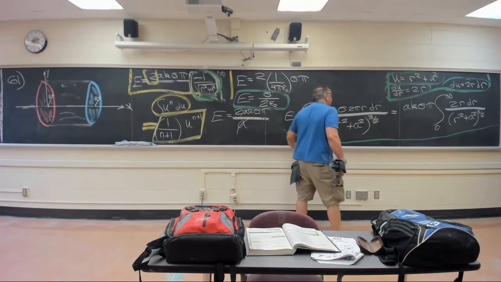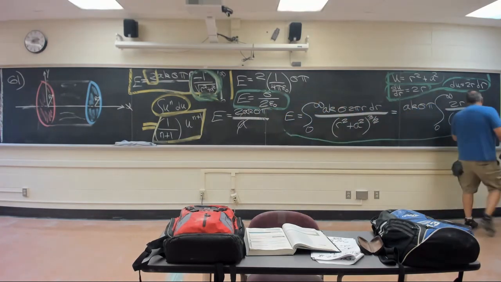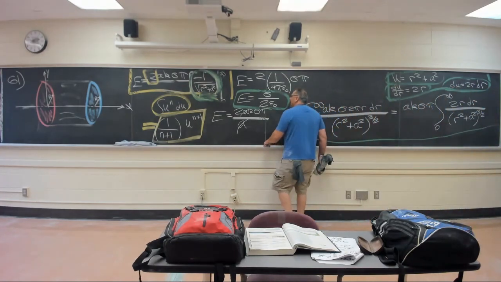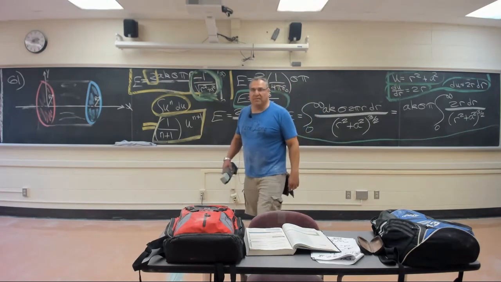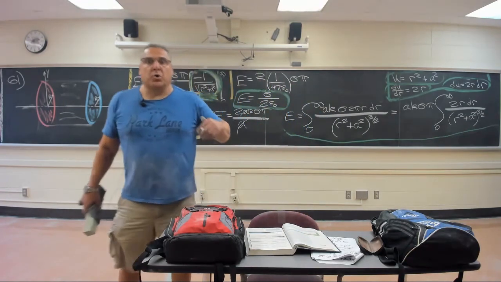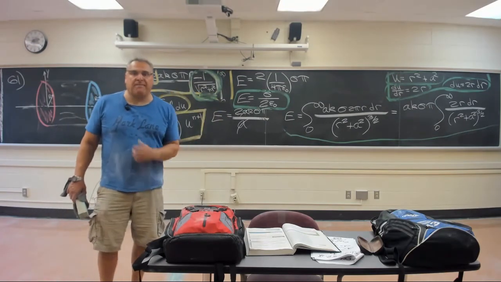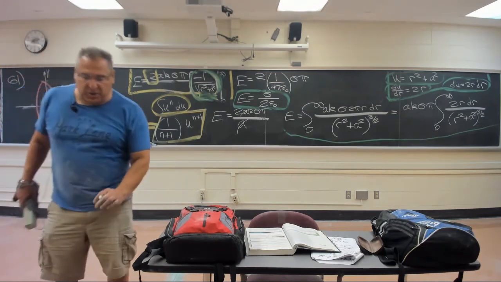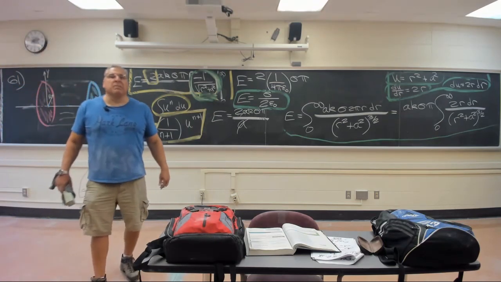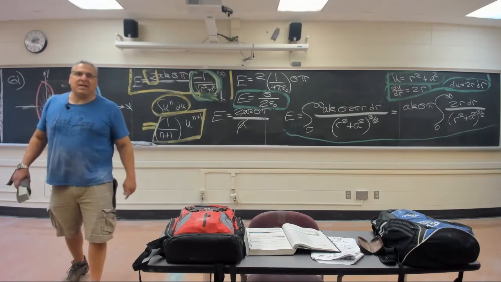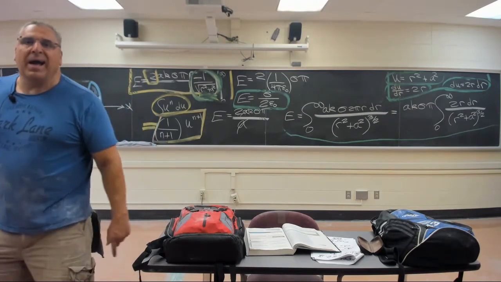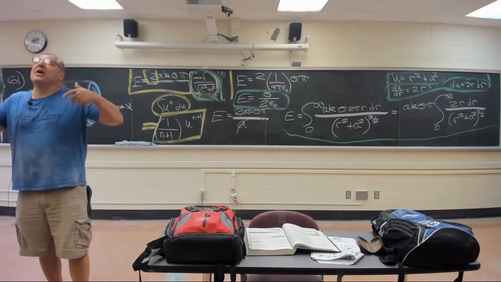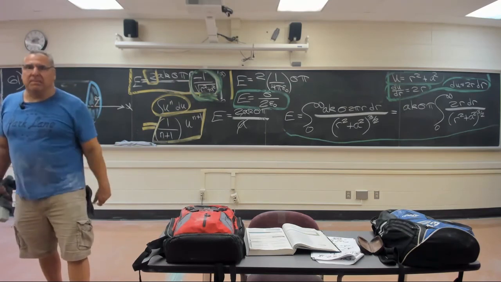Nowhere do we see the A, the height of A. Somehow, with the beauty of the mathematics, it doesn't matter how high above this infinite sheet you are. You could be right next to it, a millimeter away, or you could be a billion miles away from it. The E field pointing upward, hitting you there, is the same amount of E field as if you were 1 billion miles away.